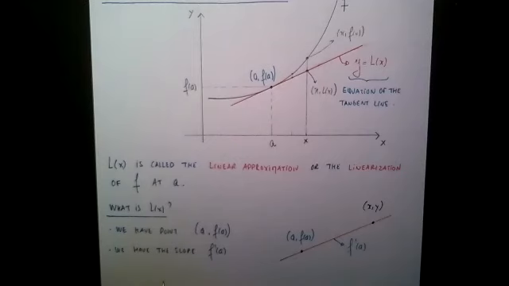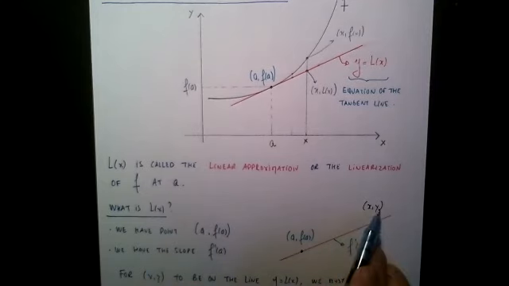For x, y to be on the line y equals L of x, we must have the slope, y minus f of a, that's y2 minus y1, over x2 minus x1, which is x minus a, equal to the slope.